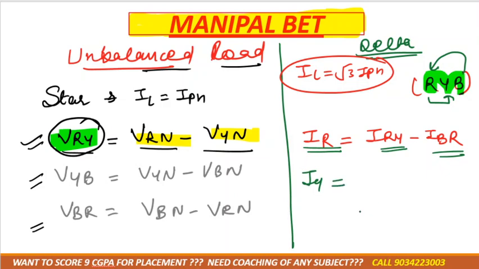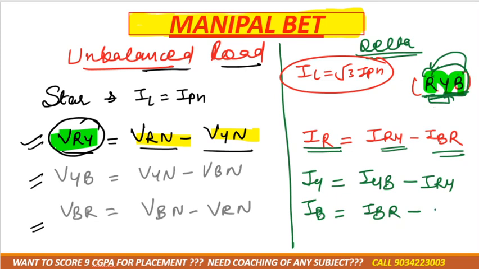Similarly, what will we have for IY? It starts from Y, so it would be IYB, right? IYB minus, then after B, what will we have? R and Y, so it would be minus IRY. Now IB is how much? It starts from B, so it would be IBR minus, sorry, minus IYB, right?